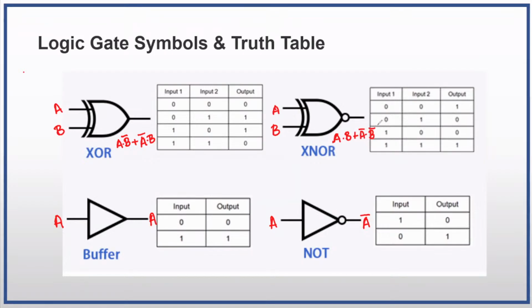There you can see when you are giving the same input for both inputs, meaning 0, 0 or 1, 1, you get the output as 1.